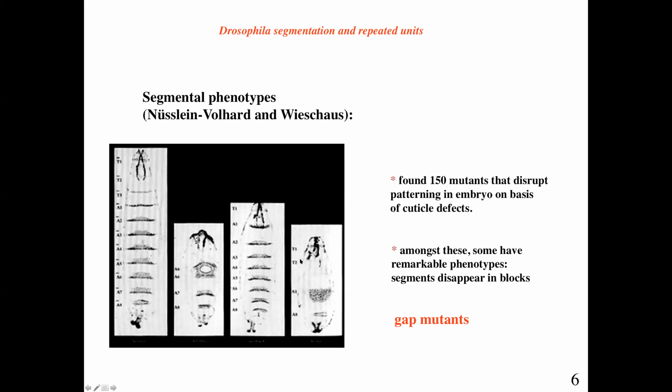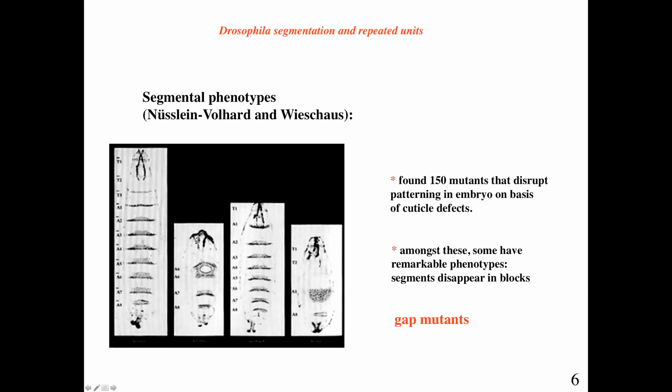Now here, the middle abdominal segments are gone. It could mean that these mutants had different regions that were missing. But what was also seen in these types of mutants is that a bunch of segments were gone together, disappearing as a block. Meaning whatever the gene was that was mutated contributed to the establishment of that particular block.